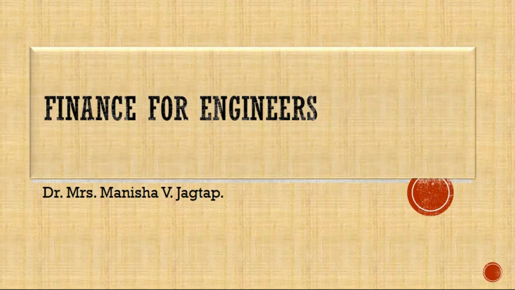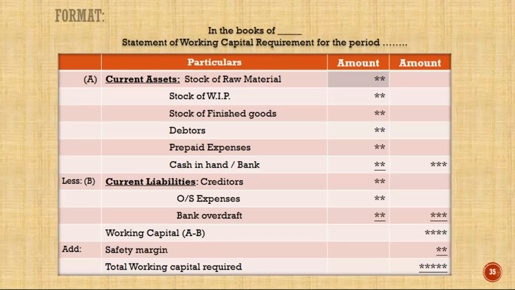So, let us see the format of statement of working capital requirement for a particular period. It helps us to estimate the working capital requirement of the firm by using information provided concerning various current assets and current liabilities in the books of.